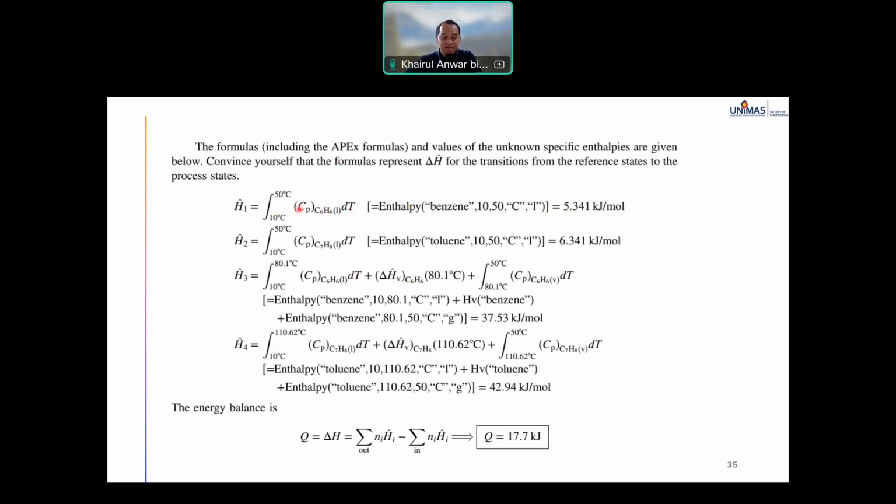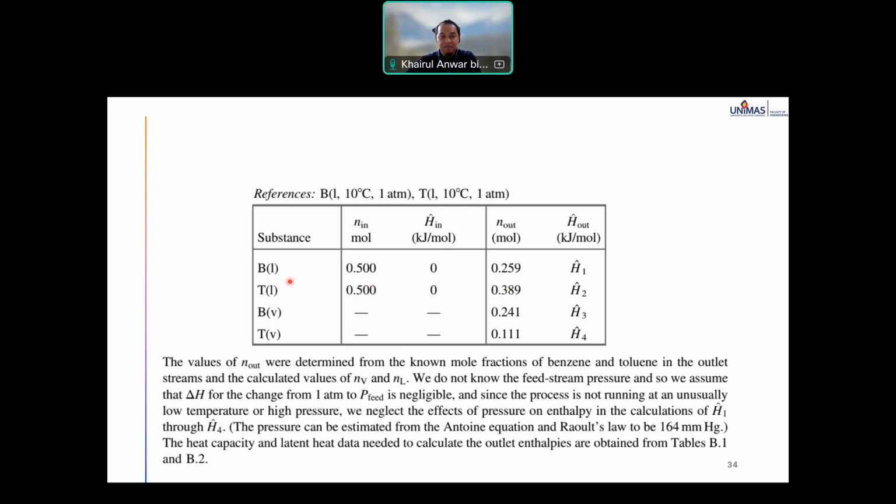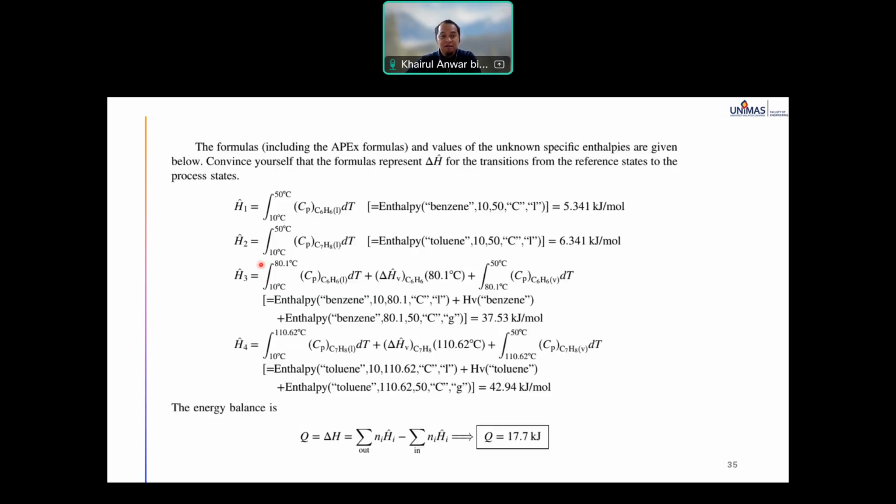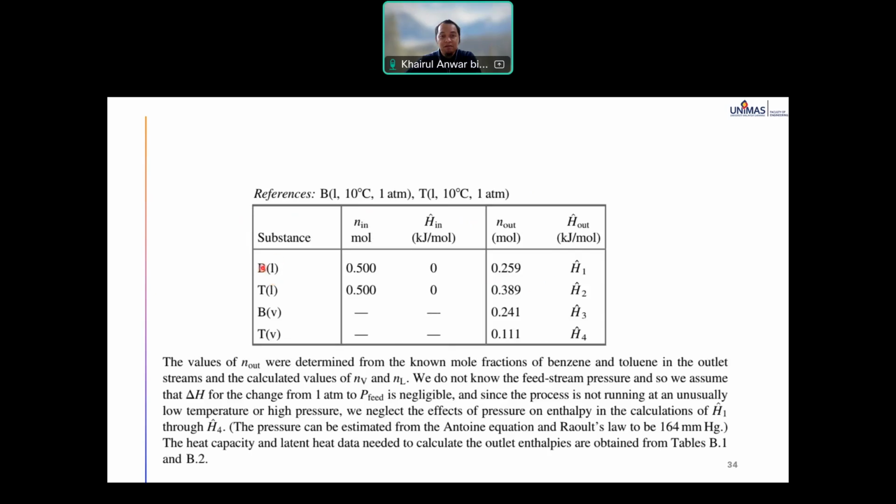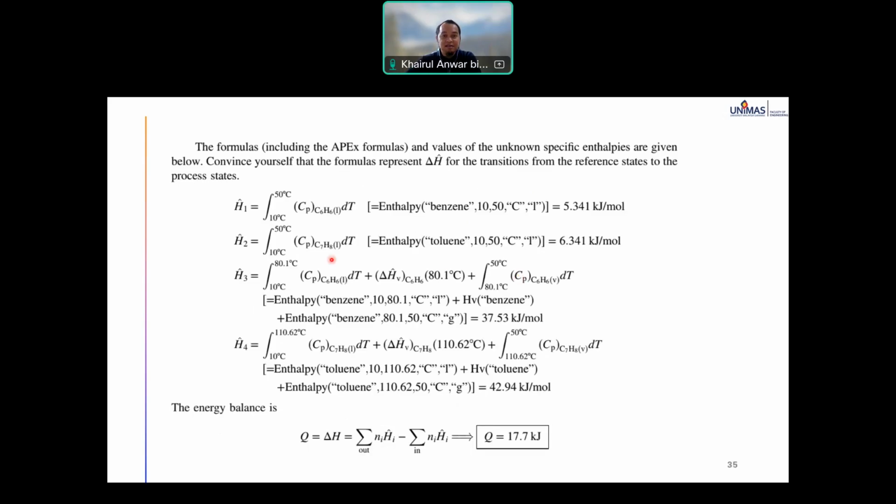Let's do the integration. So Cp here from 10 to 50. You refer back to the table. The temperature reference is 10. So for H1, benzene in liquid form, the phase is not changed.